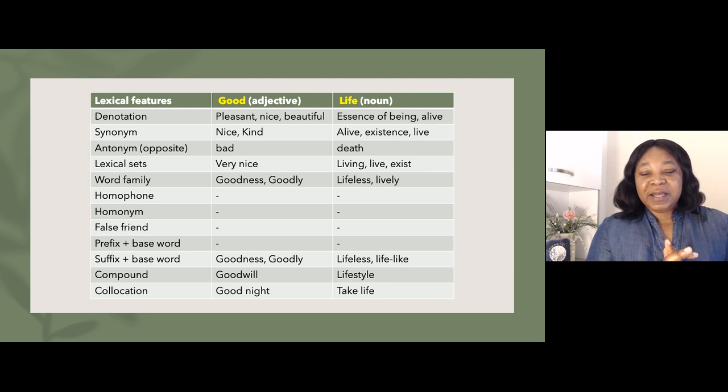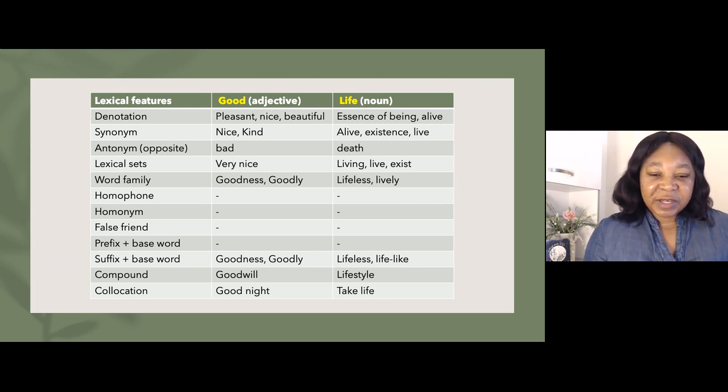Suffix I could find. Compound words: lifestyle. Collocation: to take a life. People take a life. You don't say you killed a life, you took a life. Okay, so just teaching you how the English language works.